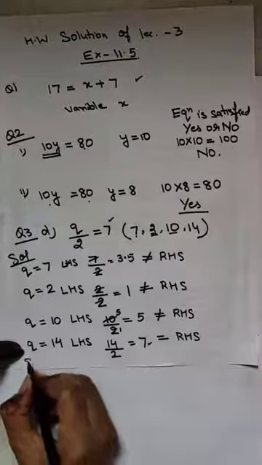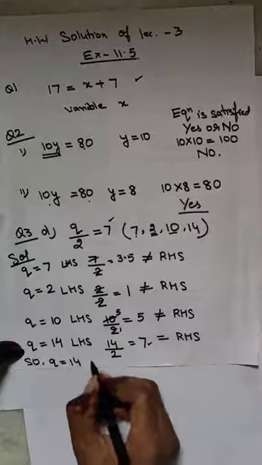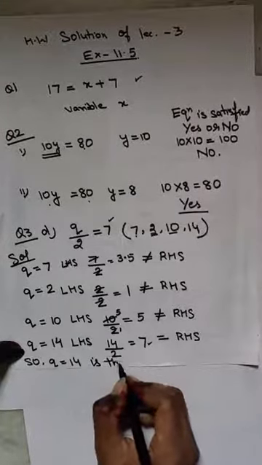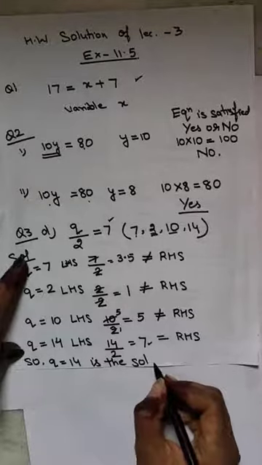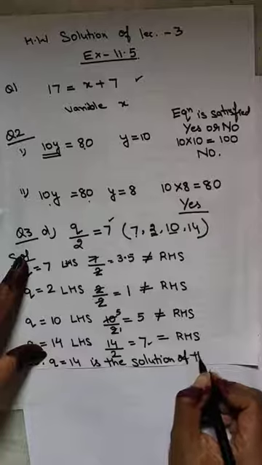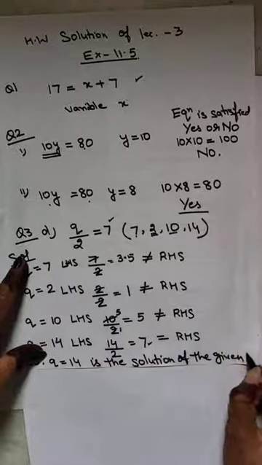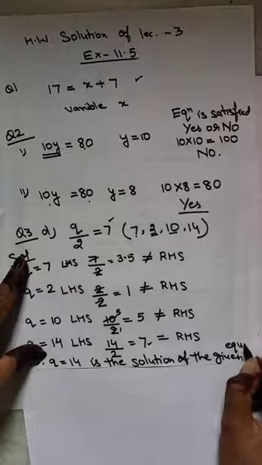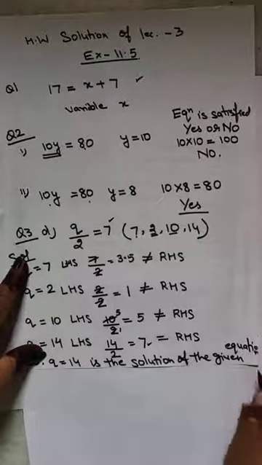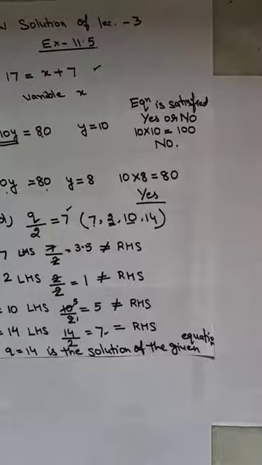Here you will write down, so Q equal to 14 is the solution of the given equation. Okay, so you will write down here that Q equal to 14 is the solution of the given equation.